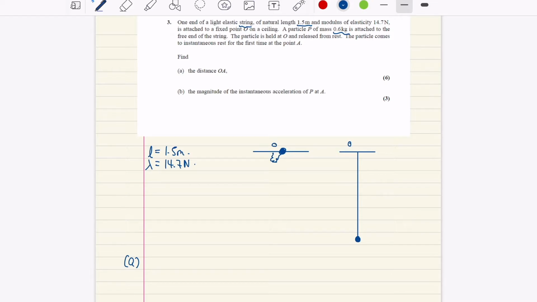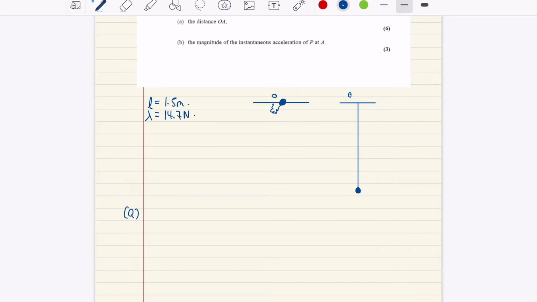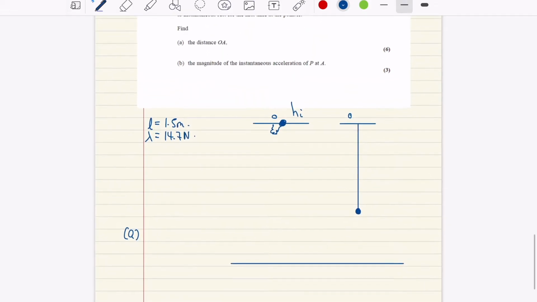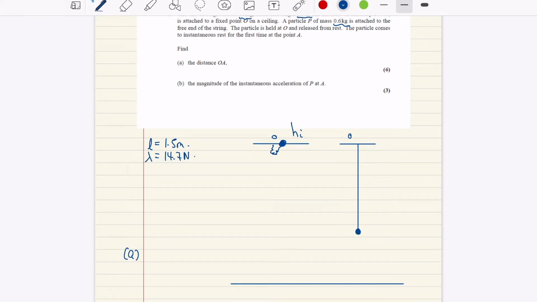Here we actually can use conservation of energy. Before the whole situation, we have the ball at a certain height. Let's take the ground as an origin, so this particular position will be H initial, and after it drops to a certain point, which is A, we call this HF.